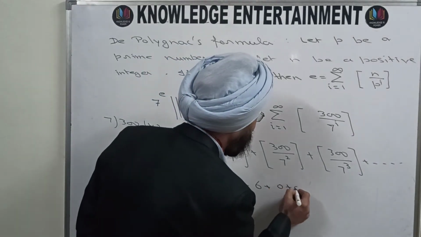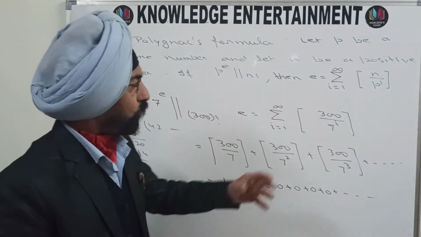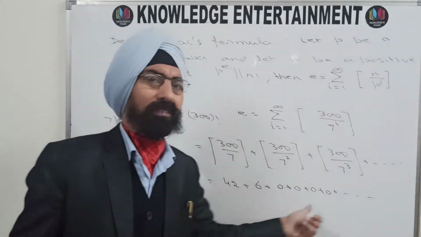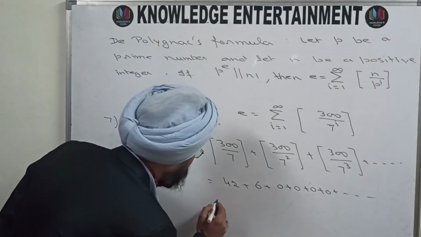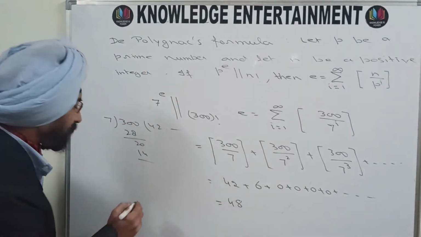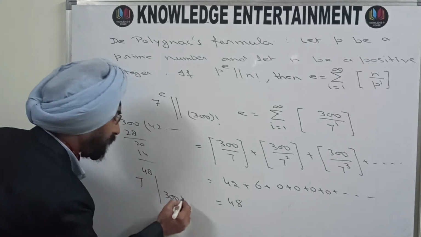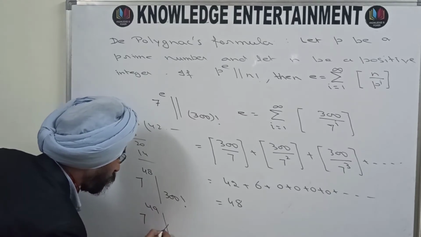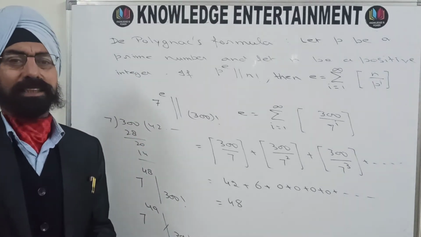And after that each term will become 0. That's what I was telling you, that this is not a sum of infinite terms. At some stage it will become 0, and after that all the terms will be 0. So you will have only a finite number of terms here. So it is 48. That means 7 raised to the power 48 divides 300 factorial, but 7 raised to the power 49 does not divide 300 factorial. That means 7 power 48 max divides 300 factorial.